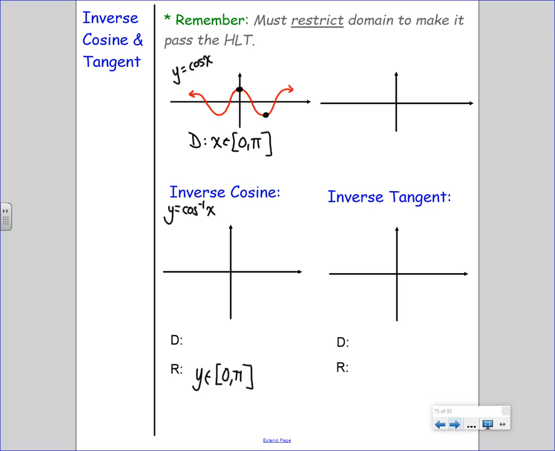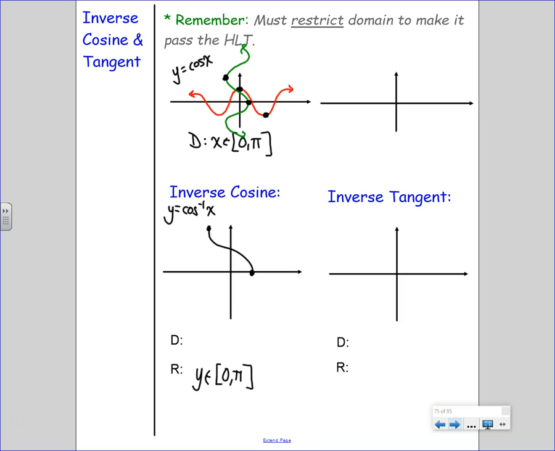Once again, the reason we have to do this is because if we flip cosine, it's going to fail the vertical line test also. So I have to only choose one piece to use.